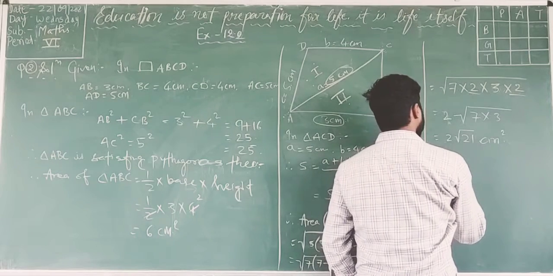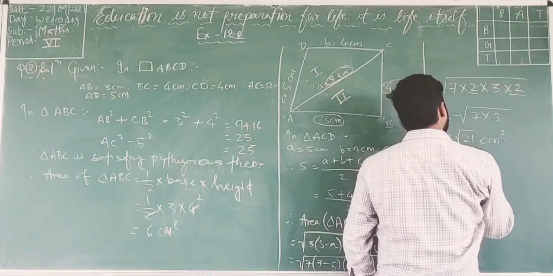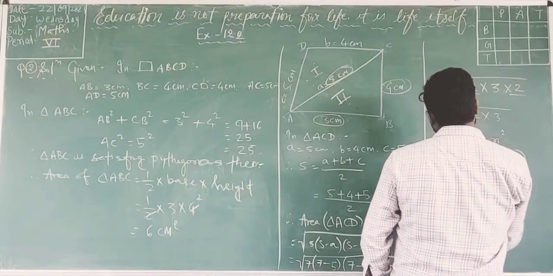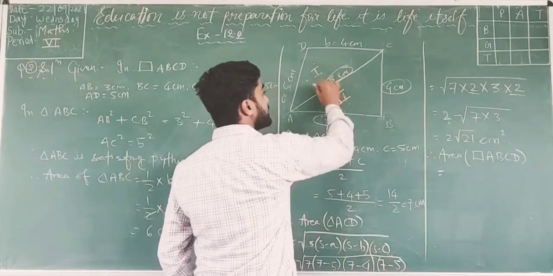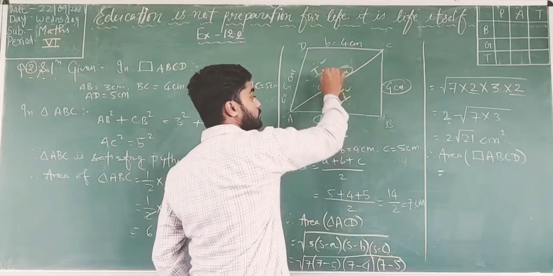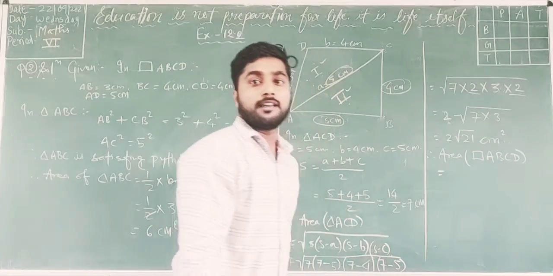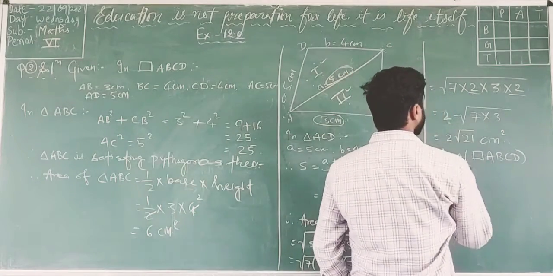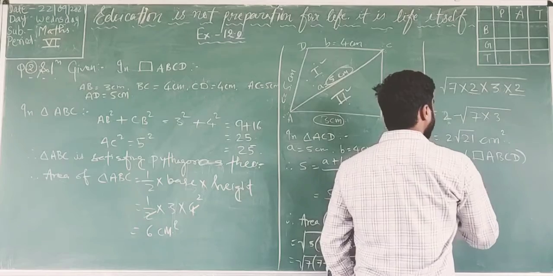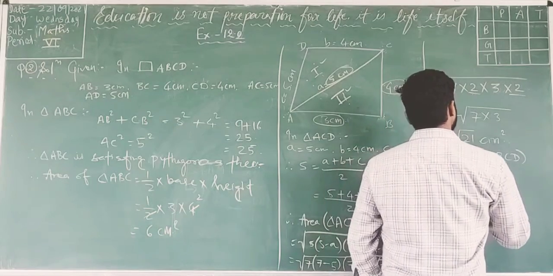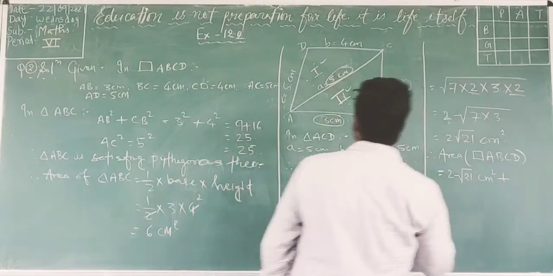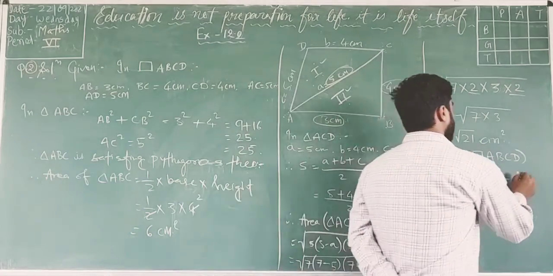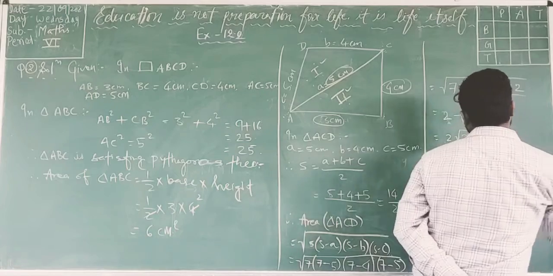Therefore, area of quadrilateral ABCD equal to, we have to add these two areas to find out whole area of quadrilateral. So what is the value of area of first triangle? 2 under root 21 centimeter square plus what is the value of second triangle? 6 centimeter square.